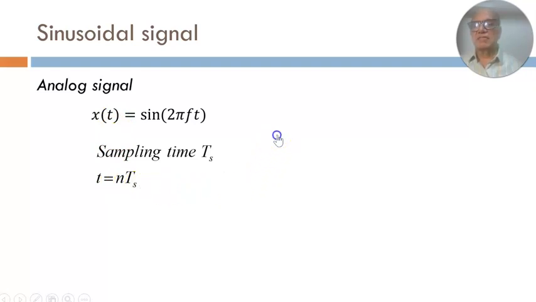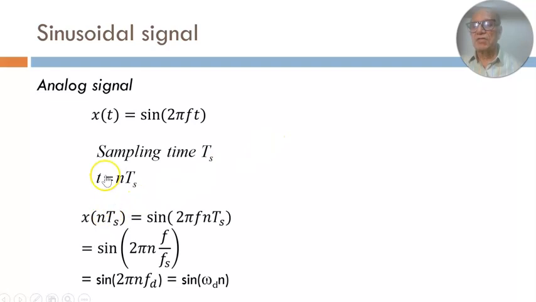So then what is the expression we get? So we substitute. So this t is replaced by nTs on the left hand side and also on the right hand side. So 2 pi f into t, and t is replaced by n into Ts. Now we also recognize that the sampling time period is inversely proportional to the sampling frequency.